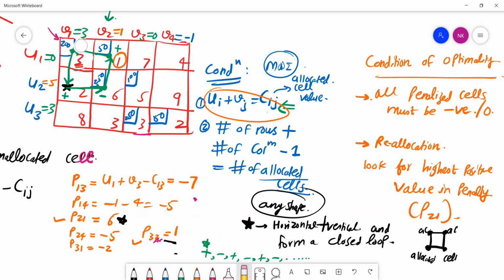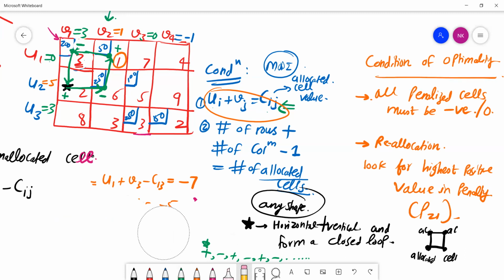Now the last step, let me draw this clearly. Okay, this is the negative sign. The last step of this entire process, if I can just erase this.